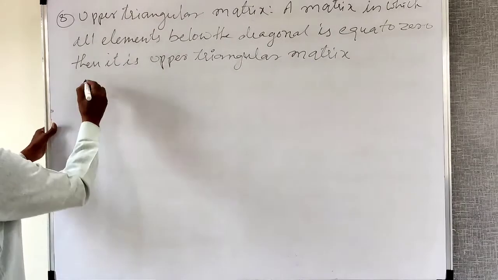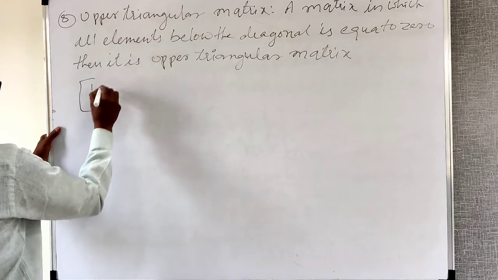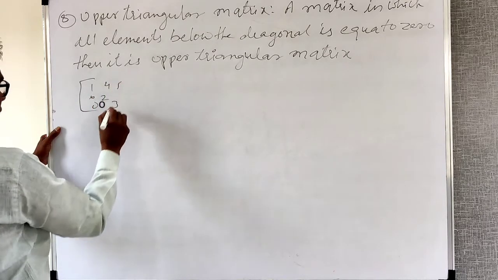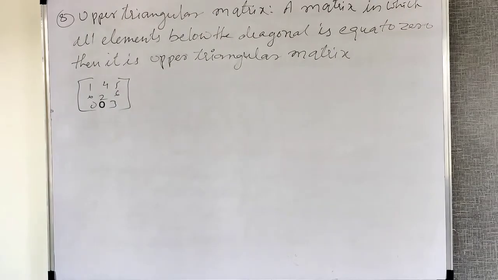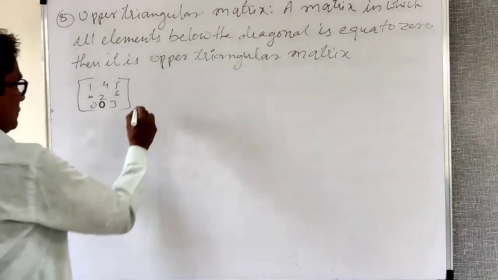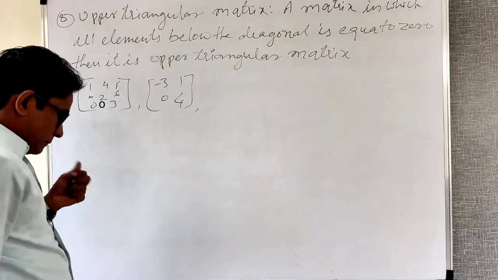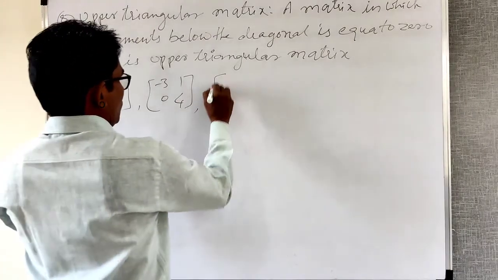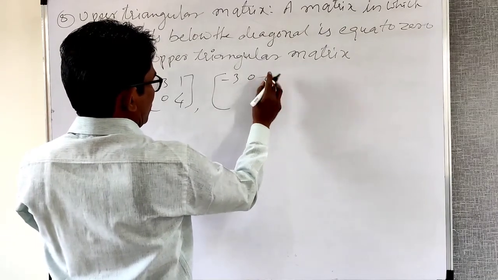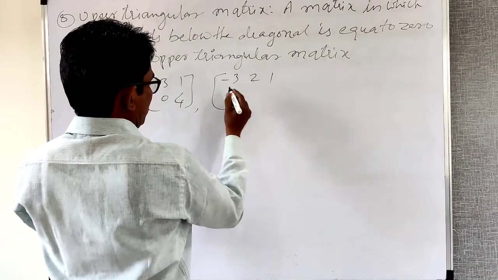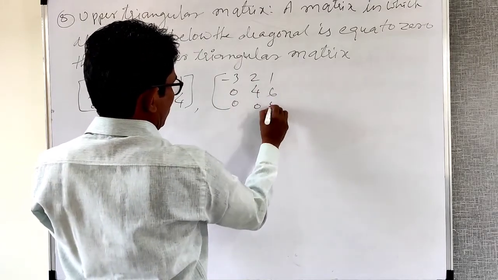Example: 1 2 3, 0 0 4, 5 6. Next, -3 1, 0 4. Next, -3 0 0, 2 1 0, 4 6 0, 0 5.